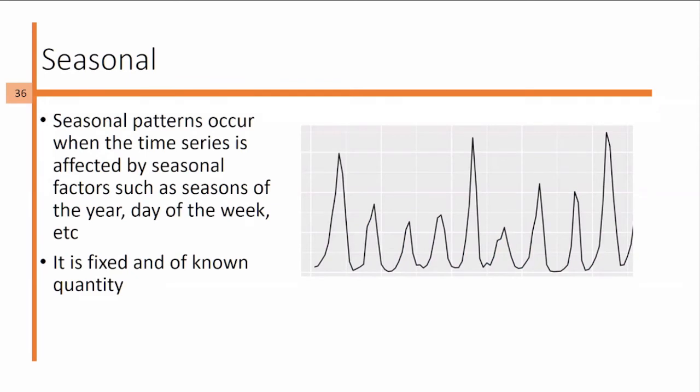Seasonal means the pattern keeps on repeating depending on the season. Season here can mean year, it can mean the week, and so on. So when you're working on computer center data, in our institute, the computer center is the place where all the network and the internet is controlled. We keep on monitoring the data, and I was working at the computer center before.